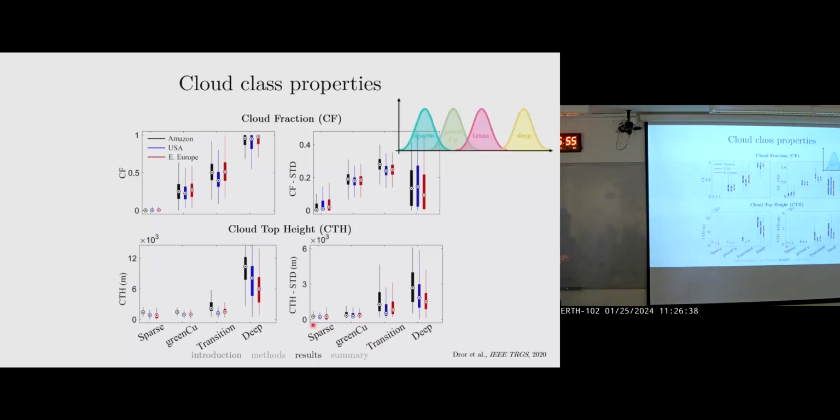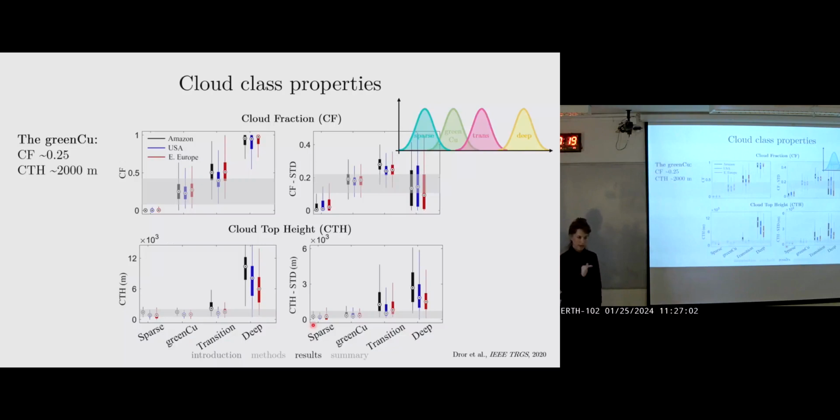First of all, again, we see this smooth transition. If you go to the edges of the distribution, you see this overlap I was referring to before. But still, if you look at the median and the whiskers, you see that generally they are well separated. The other thing is, if you examine specifically the green cumulus clouds, you see that even within the different areas, the properties of the distribution look very similar to each other.